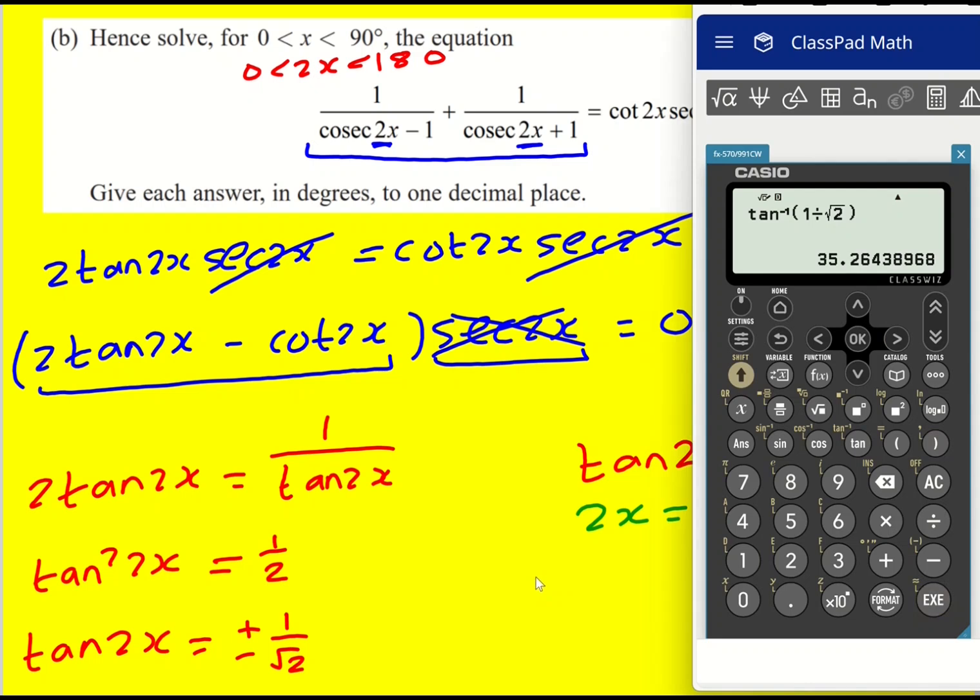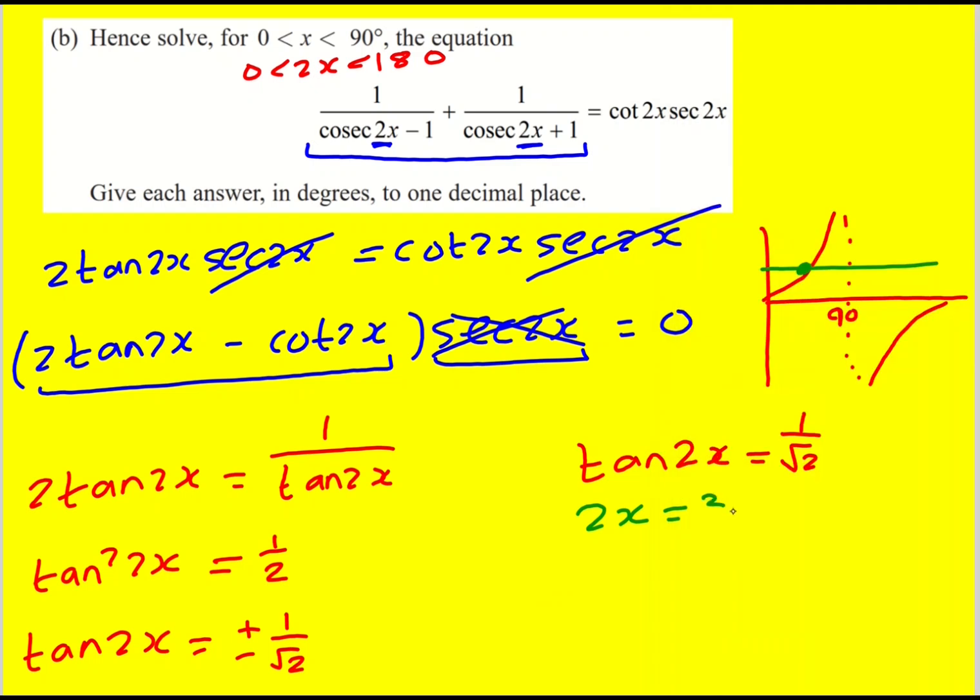And we get 35.264. That is the only solution I'm going to have in the range. If I add on 180, I'm going to be outside of the range, so we're sorted. Right, I will divide through by 2 at this point and round to 1 decimal place. I'm going to get 17.6.